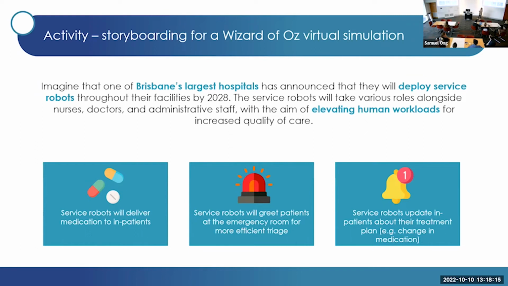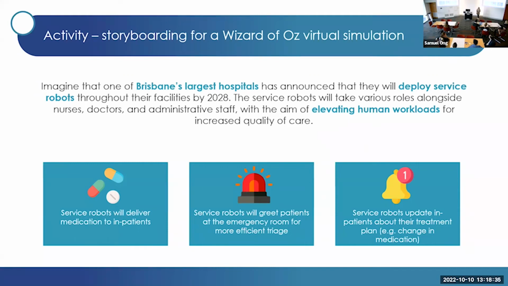I want you to imagine that one of Brisbane's largest hospitals has announced that they will deploy service robots through their facilities by 2028. It's in about 5 years' time. The service robots will take various roles alongside nurses, doctors, and administrative staff with the aim of alleviating human workloads for increased quality of care.